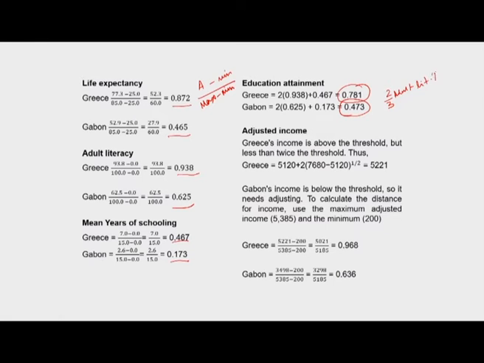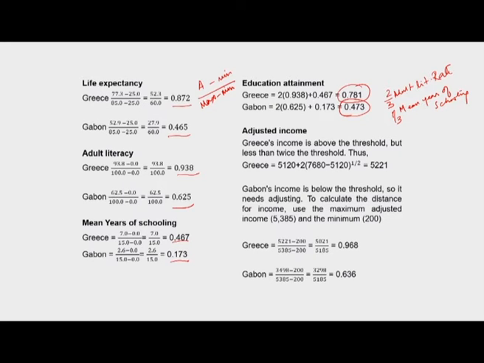This calculation is based upon giving 2/3 weight to adult literacy rate and 1/3 to the mean years of schooling.